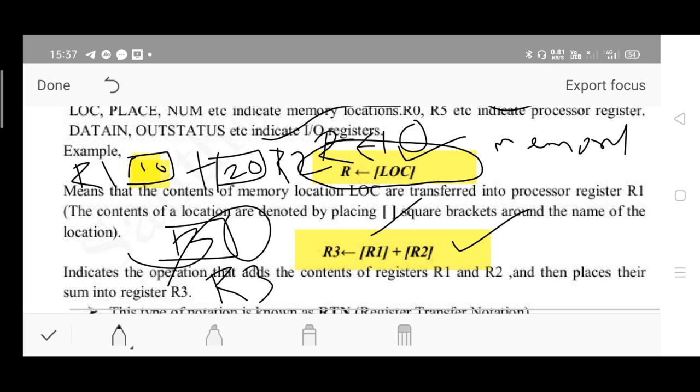What is the summation value? You will get 30. That 30 will be kept where? It will be stored in register R3. Okay, this is what the RTN is: accessing the content from a memory location, and addition. These are all the various examples.